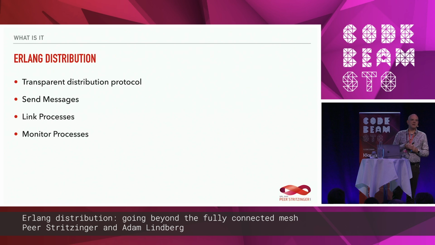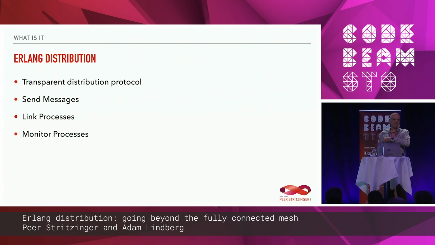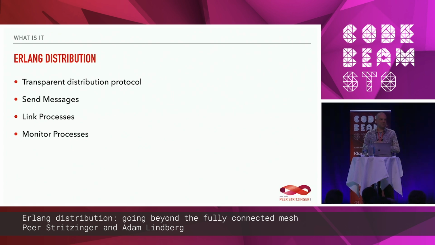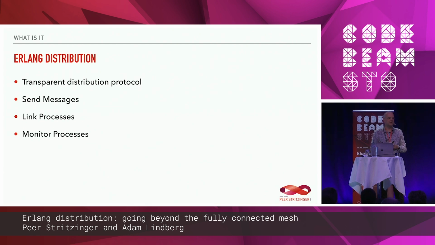In addition, you get linking and monitoring, and you can pass a bit from one node to the other, send it through, and it actually would work transparently through the network. We think this is some really important extra value for building distributed applications. And that's why, instead of running our own layer of whatever protocol, we are working on actually fixing the built-in distribution.